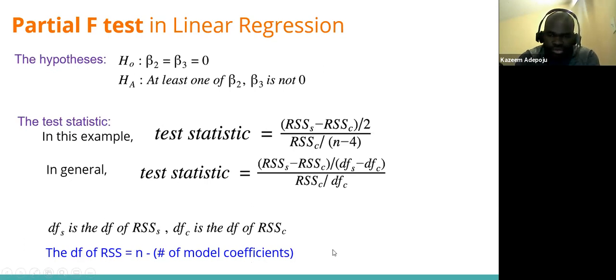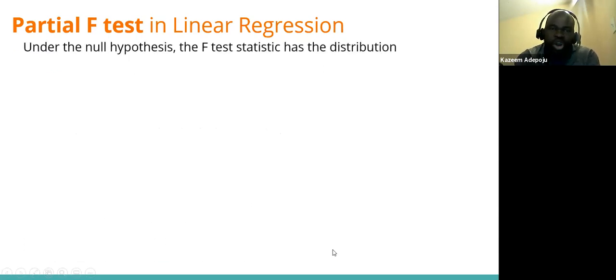Now, under the null hypothesis, we actually need to know what the distribution is. Just like what I told you before, if you want to carry out any test in statistics, you need to know the distribution of the test. This is the distribution of the test right here. You need to know the distribution of the test to be able to figure out the p-value.